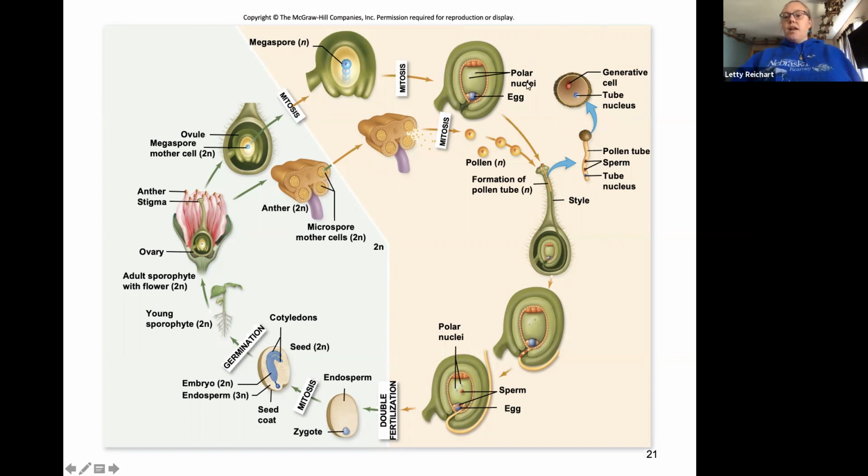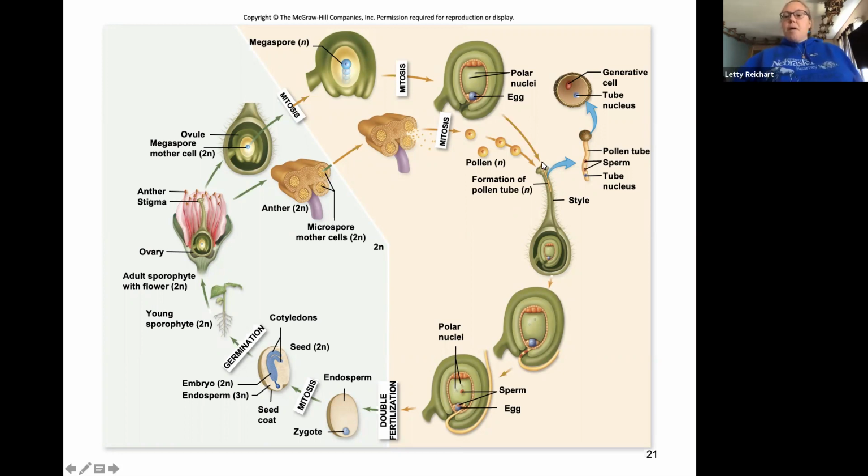Now over here we can see what happens with our pollen cell. When we're producing pollen, pollen is not necessarily mature until it divides and produces a cell that can grow a pollen tube. Inside the individual pollen, there are a couple of different cells. They go through some mitotic divisions, so just cellular division.